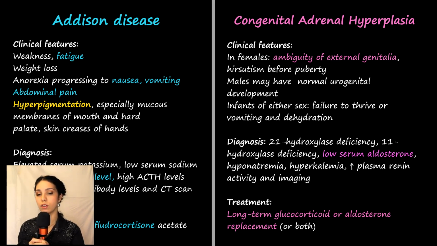Treatment: long-term glucocorticoid and or aldosterone replacement, or both, depending on which enzyme is involved and whether cortisol and or aldosterone synthesis is affected. Patients who are sick or have signs of adrenal insufficiency should receive stress dosage of hydrocortisone.